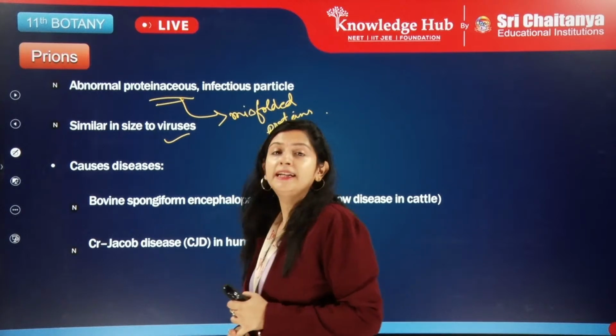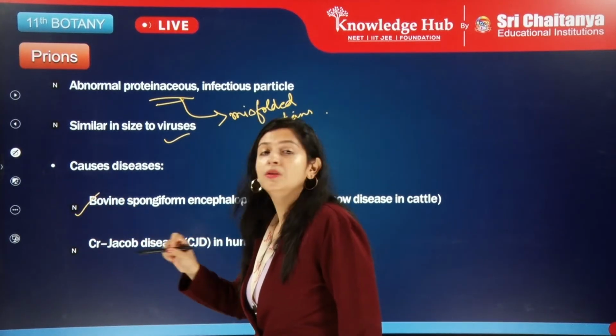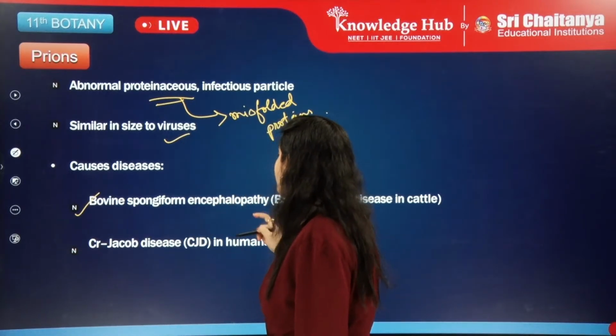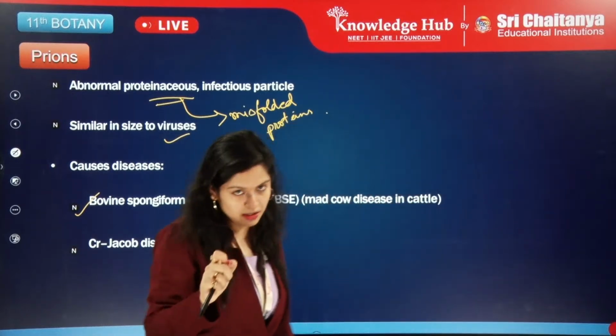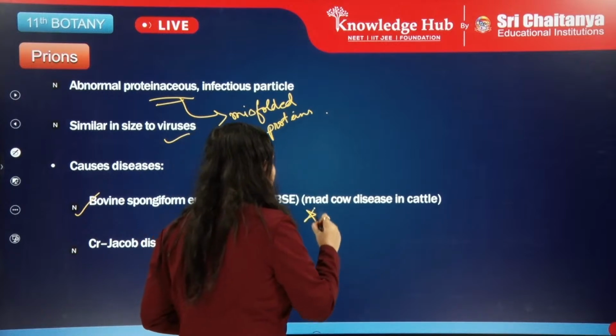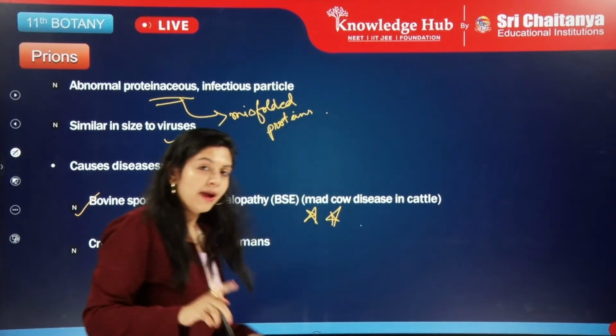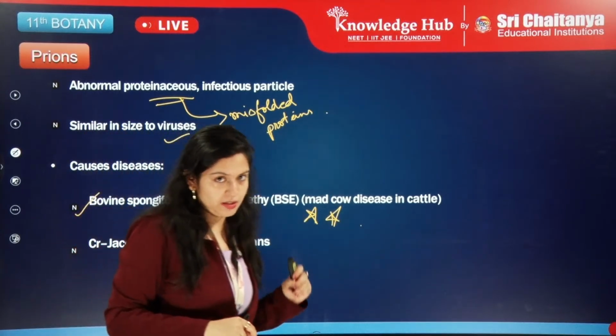Then it is causing so many diseases, like number one, bovine spongiform encephalopathy. This is also called mad cow disease. This is a very important question from NEET level also. So mad cow disease in humans is caused by the prions.